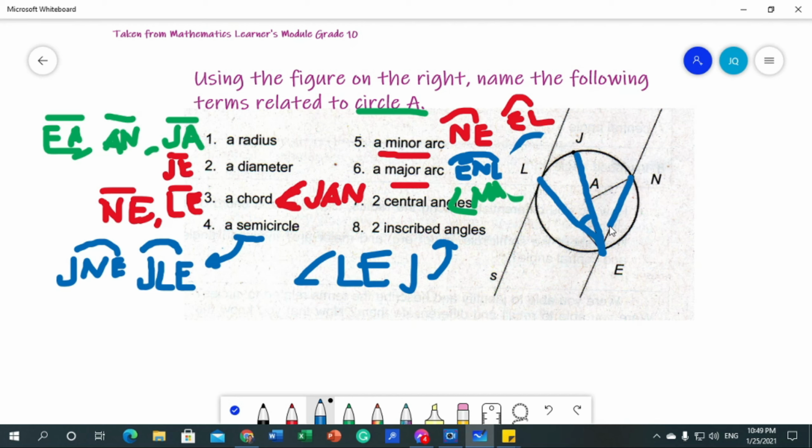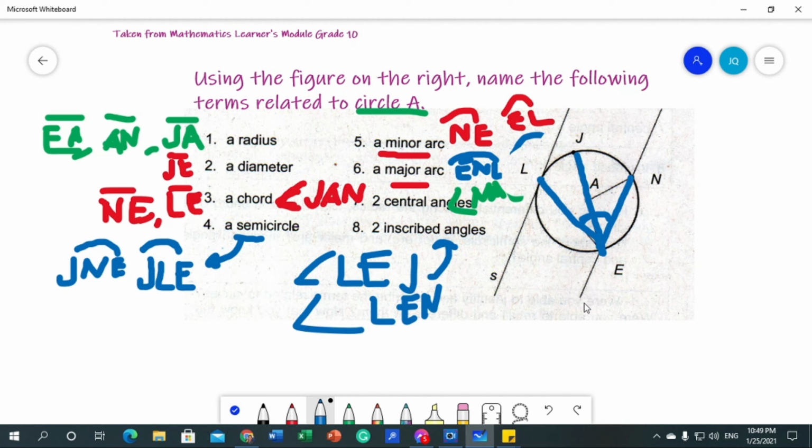Yes, we have angle LEN, because its vertex lies on the circle, and the points there are LEN, or NEL. Another one, you can also have JEN.